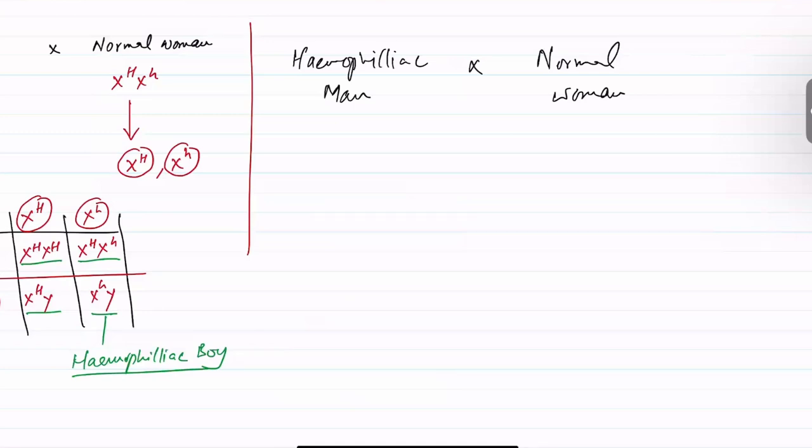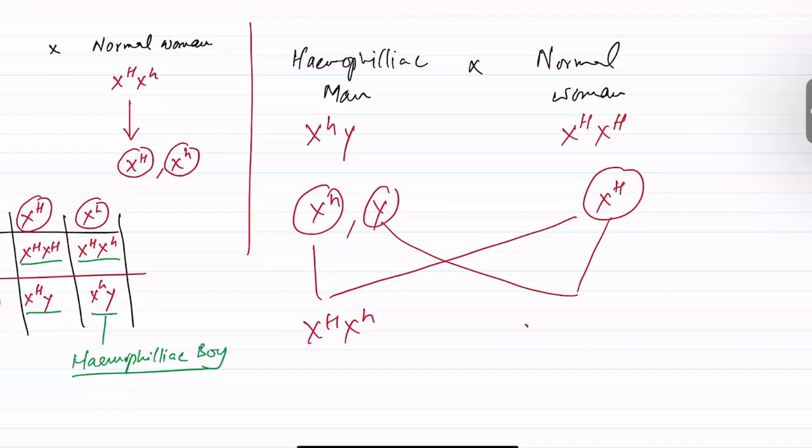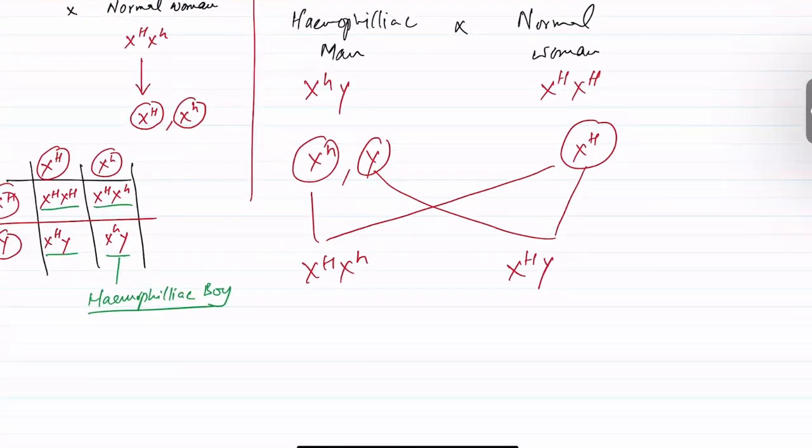So this has an X, H small and Y, and this has an X, H capital and an X, H capital. So there would be two types of gametes produced here, and just one type of gamete produced here. So if this fertilizes with this, then X, H capital and X, H small. And if this fertilizes this, X, H capital and Y. So neither of the offspring produced is hemophiliac. So all normal.